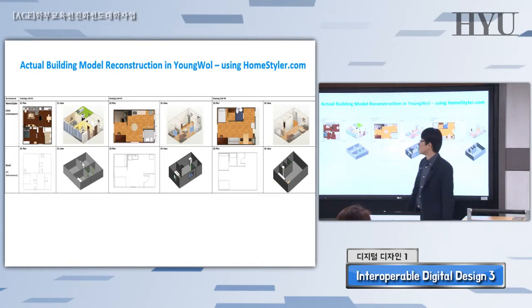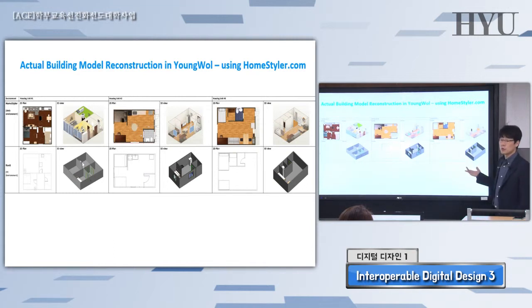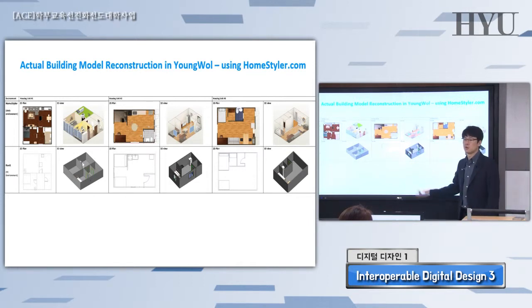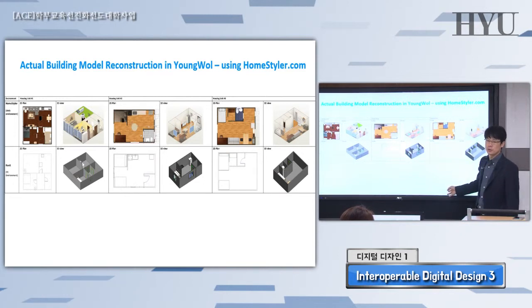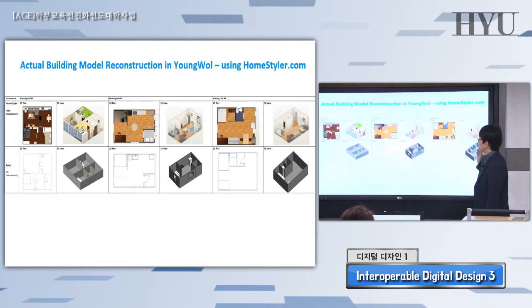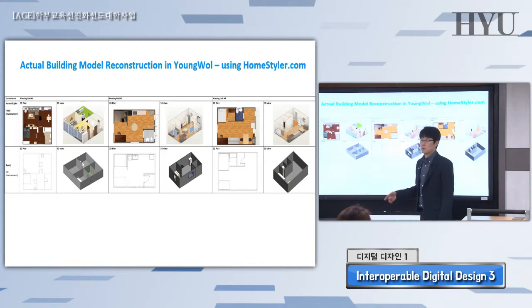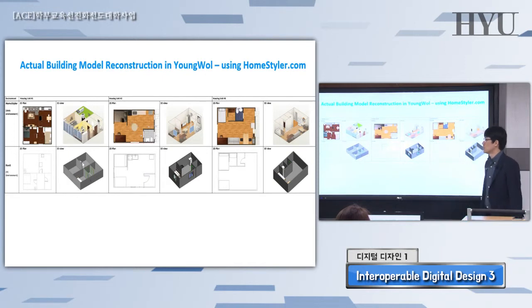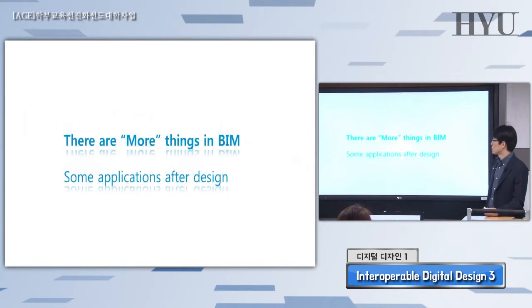But anyway, they are easily converted into a Revit model, and further design work or allocating this unit to the building model is the rest of the work, a much better starting point compared to AutoCAD or SketchUp, something like that. Okay? So we used this approach for visualization. We used Homestyler, and of course we integrate the designed housing units into the BIM model.